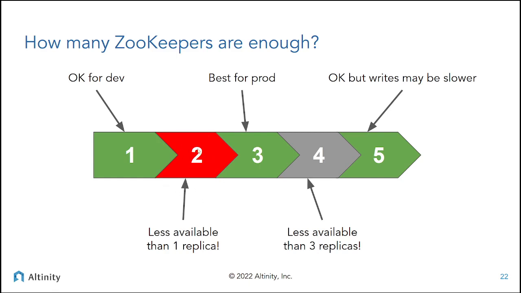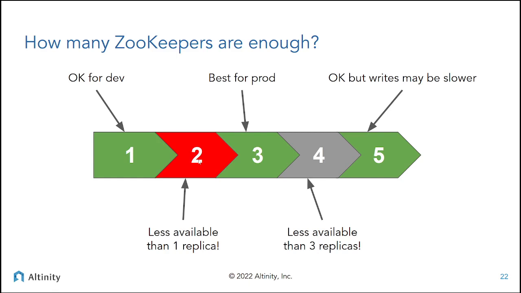So you have these interesting effects. If you actually have 2, that's going to be less available than a single replica. This is counterintuitive, but the reason is simple. If you have 2 servers, you can't make the quorum be 1. If the servers can't see each other and the quorum is 1, they will both continue operating and serving writes separately, and then you'll have what's called a split brain. As a result, you must make the quorum 2.